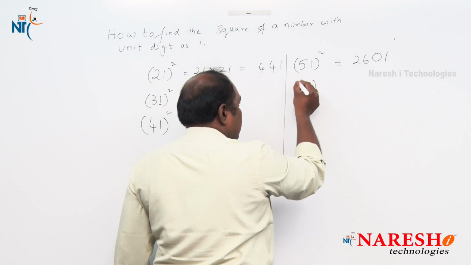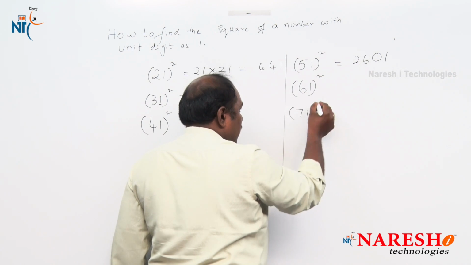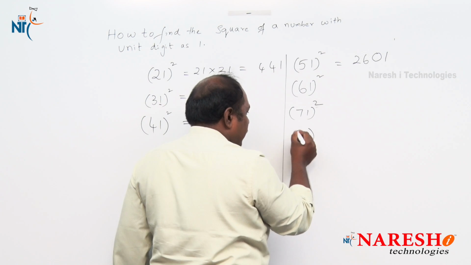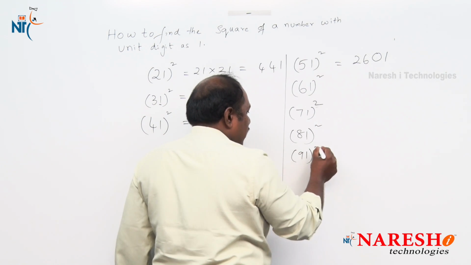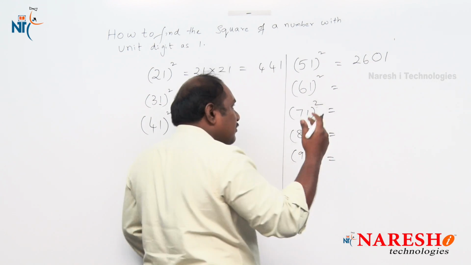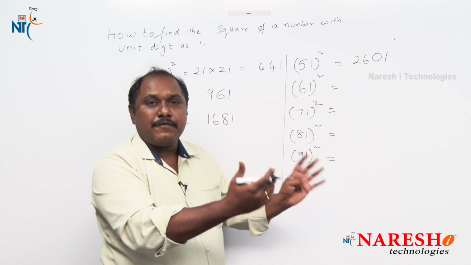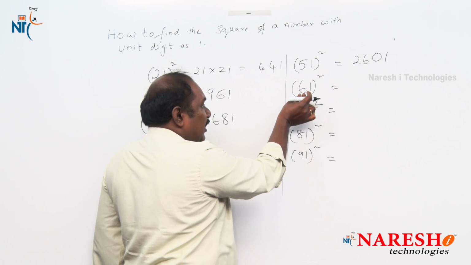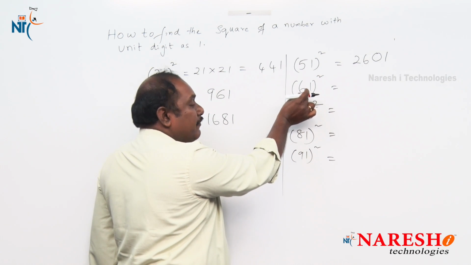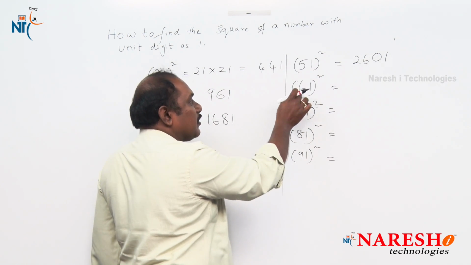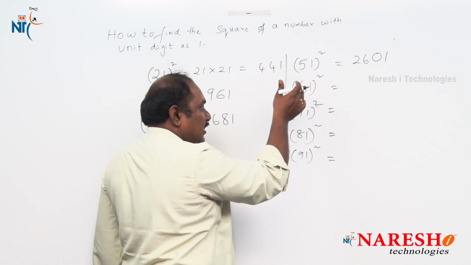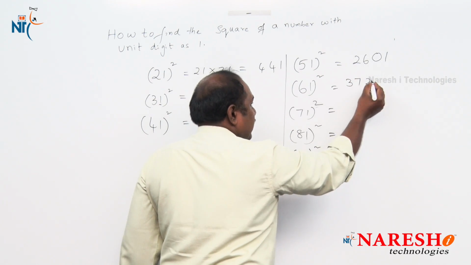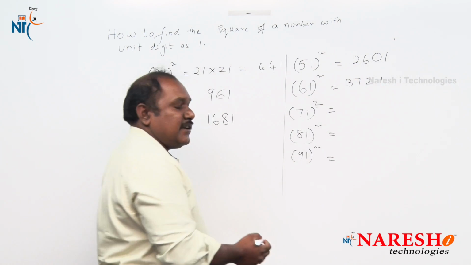Same way 61 square, 71 square, 81 square, 91 square. Instead of writing from the last, how can we write it from the front? Directly the answer. 61 square: 6 square 36. When I double 6, there should be a carry of 1, so I add 1 to the square of 6. 6 square 36 plus 1, 37, and when I double 6, the unit digit is 2, then 1. 3721.